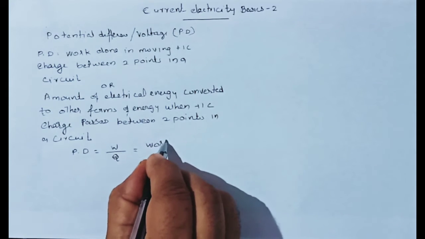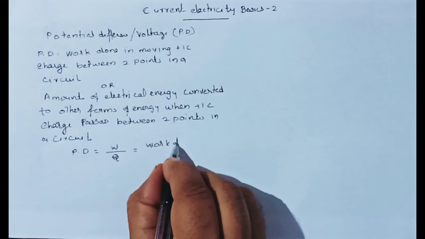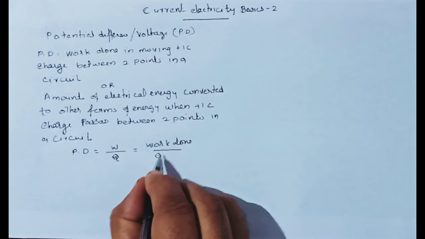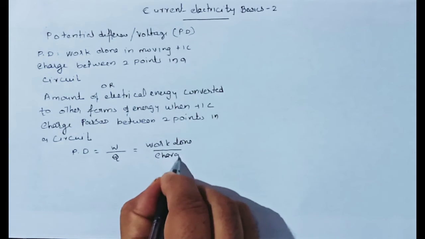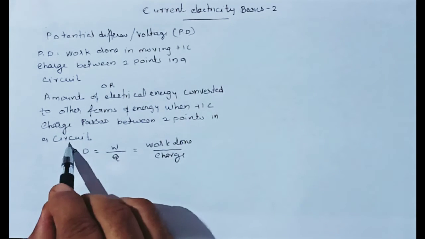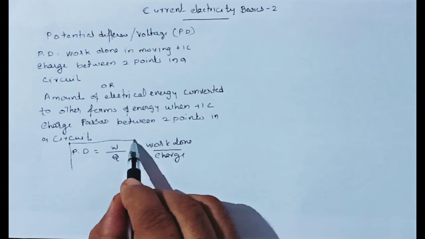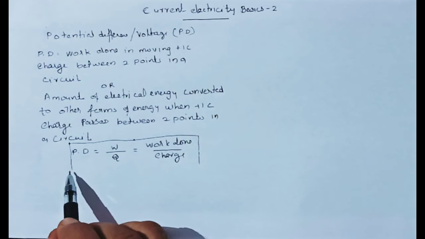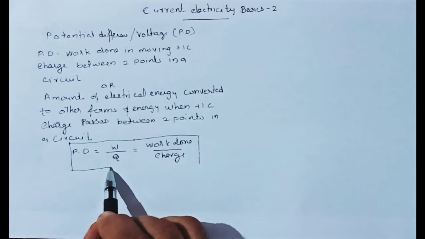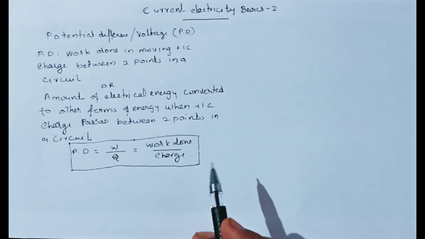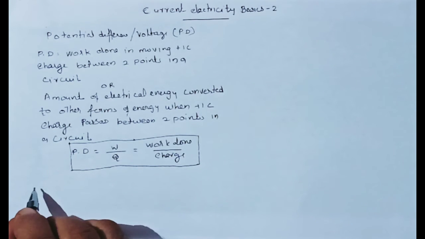So W upon Q gives you the work done in case of 1 coulomb charge. So work done upon charge is the expression for potential difference. If you divide the work done by the amount of charge, you will get the potential difference.